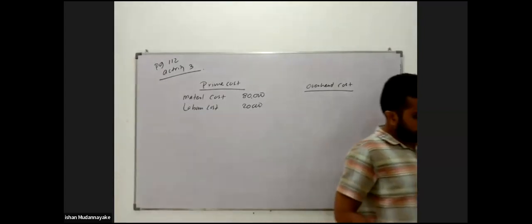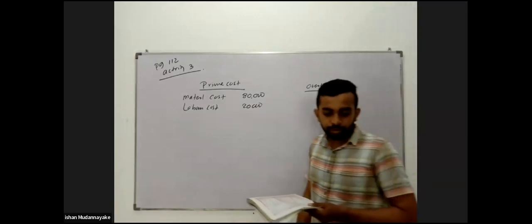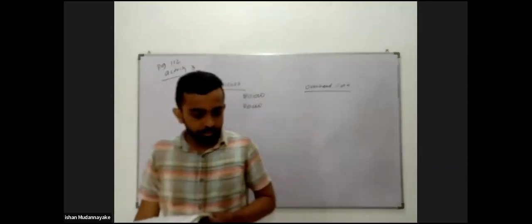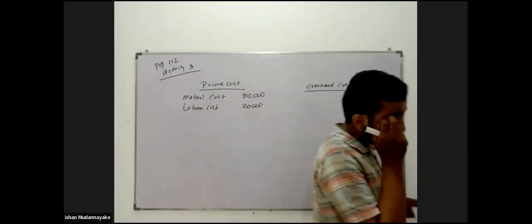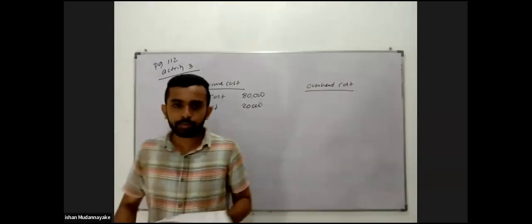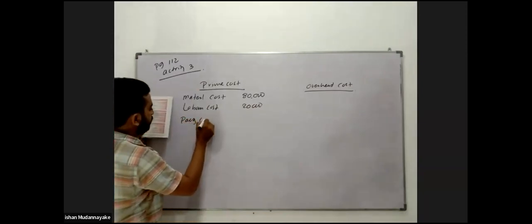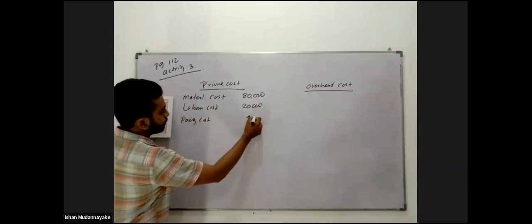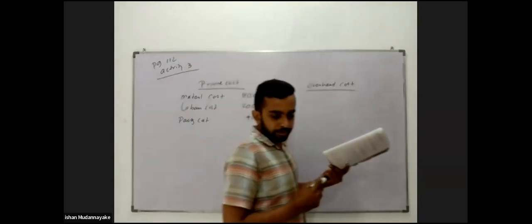And then packing cost. How to classify packing cost? Prime cost. Yes, we will categorize packing cost under prime cost. Write down packing cost 4,000 under prime cost. And then factory rent.